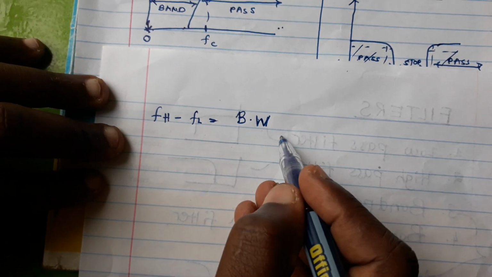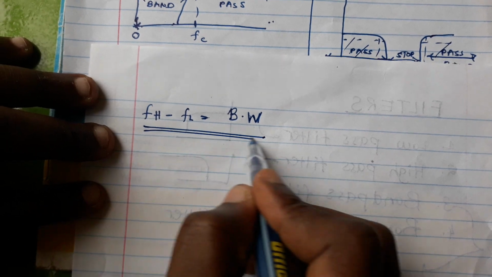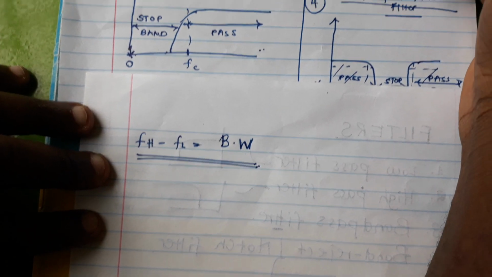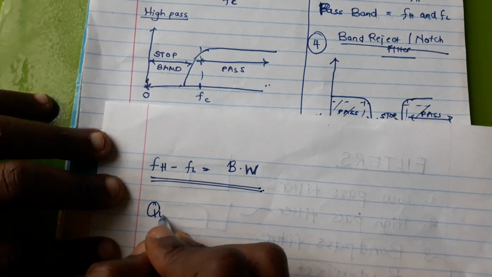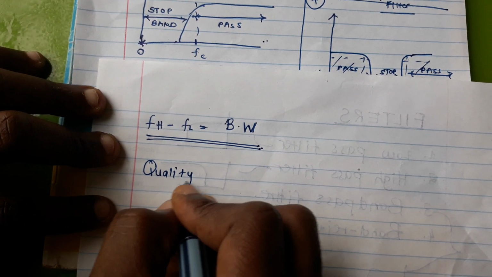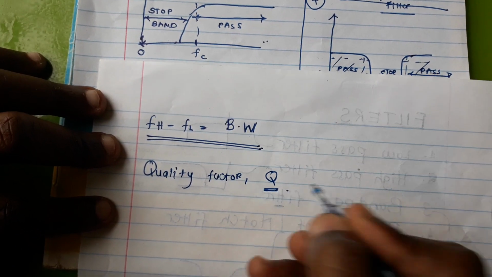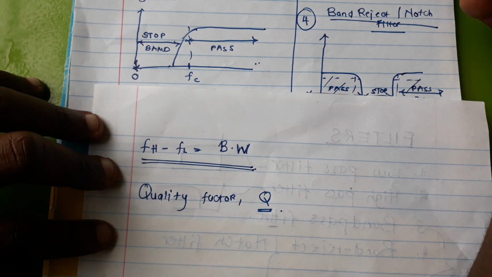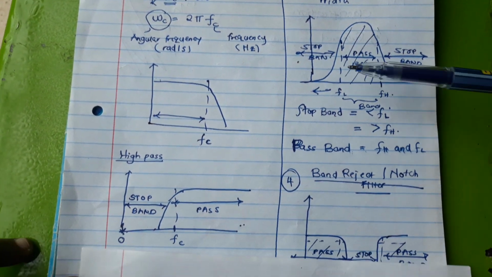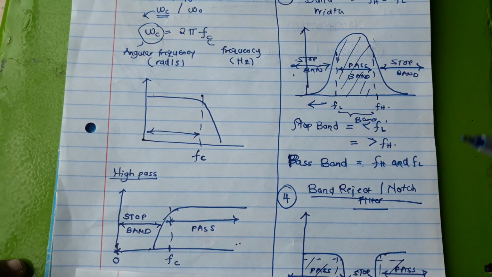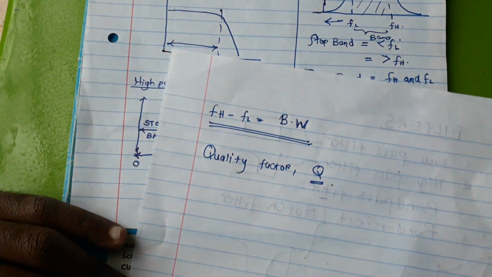So FH minus FL gives us the bandwidth. And from this, we can also see that we have another quantity known as quality factor. This is the Q factor. It usually comes in when we are analyzing these two filters, and we shall see in the next video how these things are related.